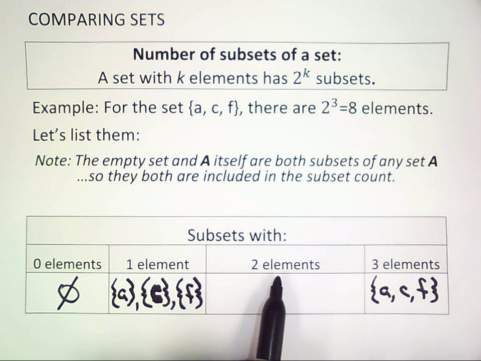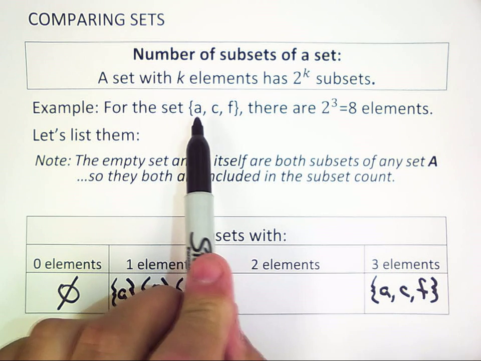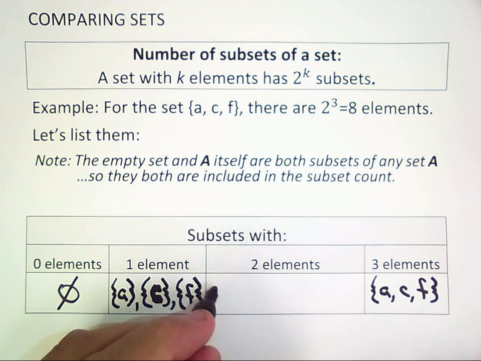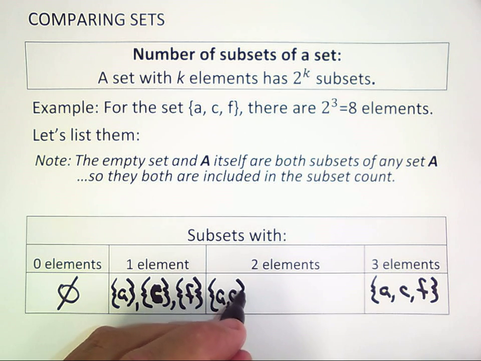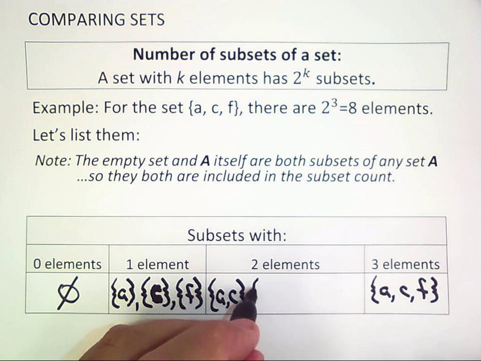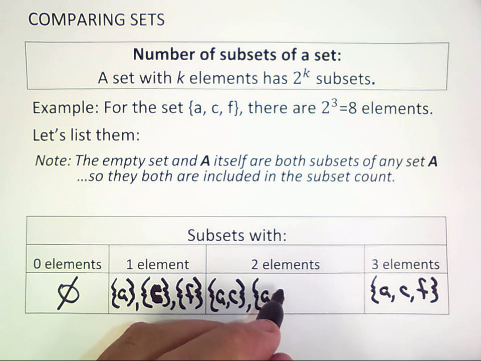How about the 2-element subsets? Well, you just have to be careful, but we can do that. You could take the A and pair it with the C. That would be a 2-element subset. You could take the A and instead pair it with the F. That would be a second subset of 2 elements.